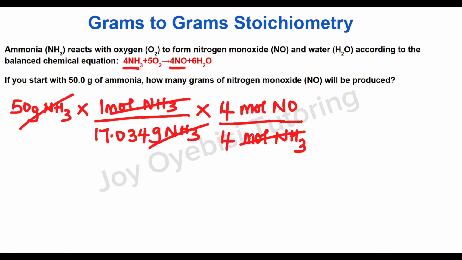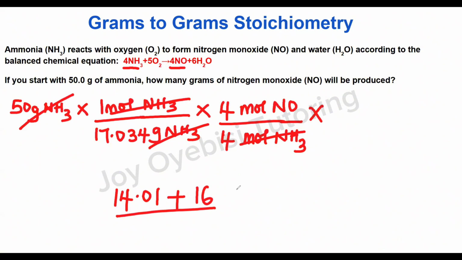Next step, we go from the 4 moles of nitrogen monoxide to grams of nitrogen monoxide. And to do that, you need the molar mass of nitrogen monoxide, which is going to be 14.01 of nitrogen plus 16 grams of oxygen.